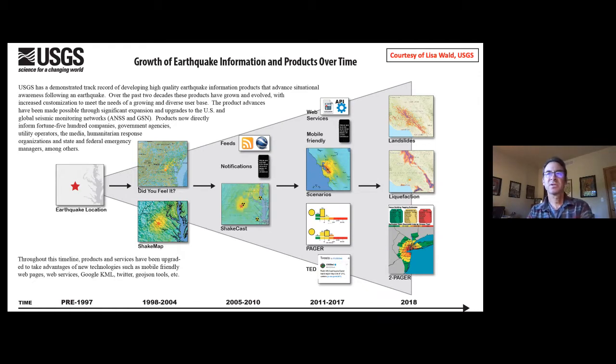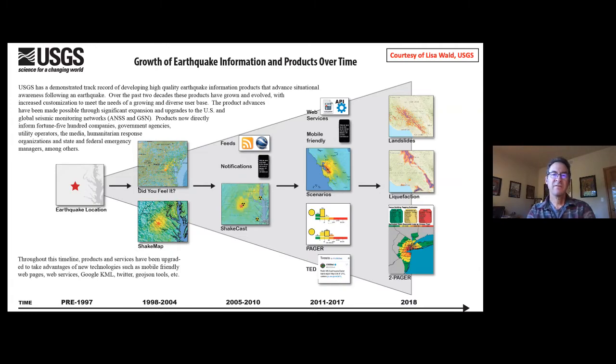And then we've been able to turn that shaking estimate into estimates of damage at particular facilities, an estimate of damage to the entire population, as well as now, as I'll show you, determine whether there are likely to be landslides and liquefaction, and even the number of buildings that may have been impacted. So things have evolved very quickly over time, and they continue to evolve.